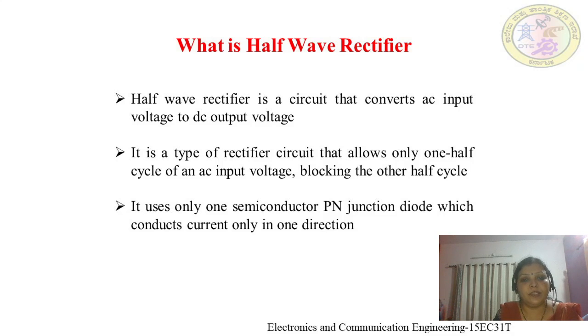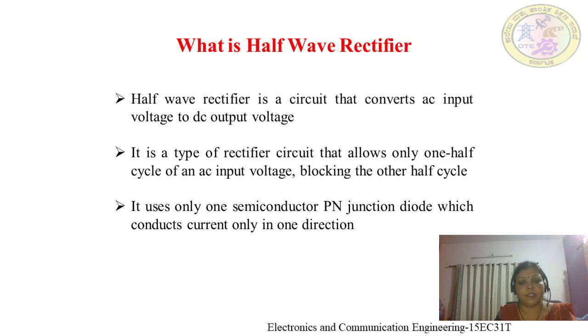And why is it so? It is so because a half wave rectifier makes use of only one semiconductor PN junction diode. We know from the basics of semiconductor devices that a PN junction diode conducts when it is forward biased and allows the current to pass through it.